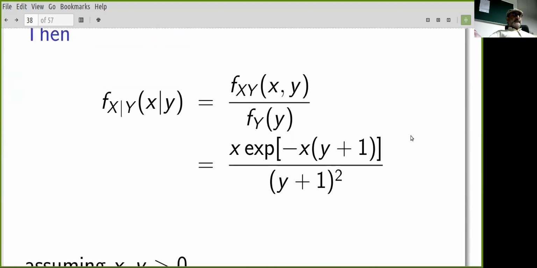Okay. How do you find the conditional for x given y? Well, you take the joint PDF for x and y, and you divide by the marginal for y, and that gives you the conditional for x given y.